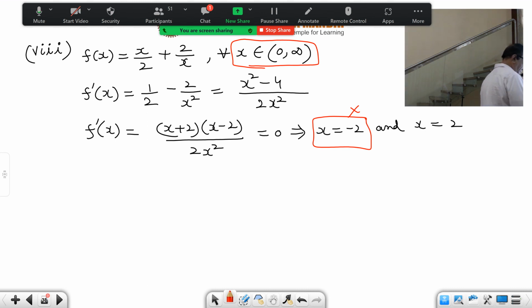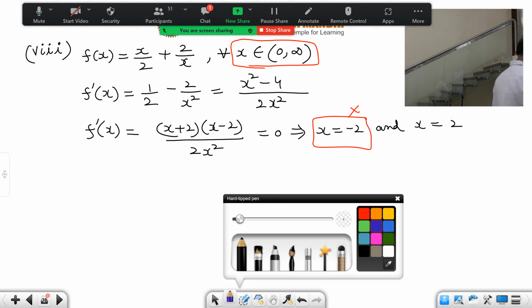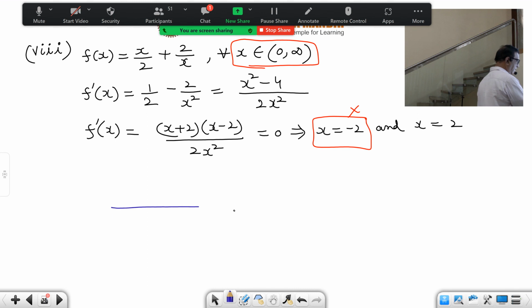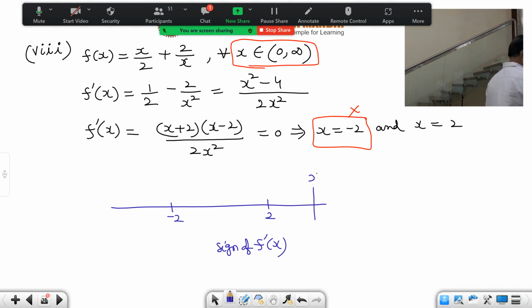But let us use the first derivative test only. In the diagram you can mark minus 2, no problem, and plus 2. This is the sign of f dash x. Suppose x is here, then x minus 2 is positive, x plus 2 is also positive, and anyhow the denominator 2x square is always positive.